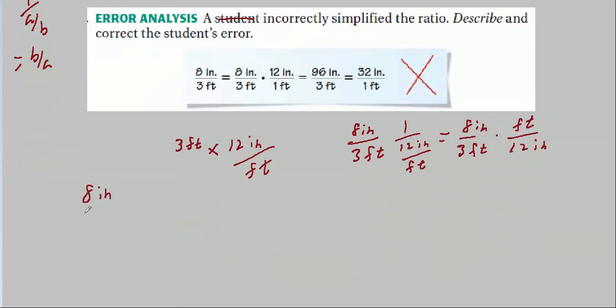8 inches over 3 feet times 1 foot per 12 inches. Again, that way we can match up our units and cancel them. Cancel out the feet, cancel out inches, and we get 8 over 36.